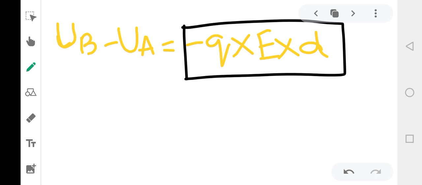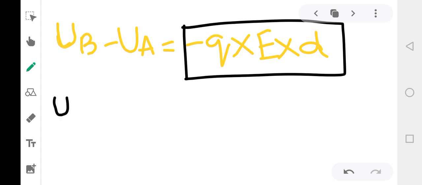In short, the electric potential energy difference is equal to Q into E into D.